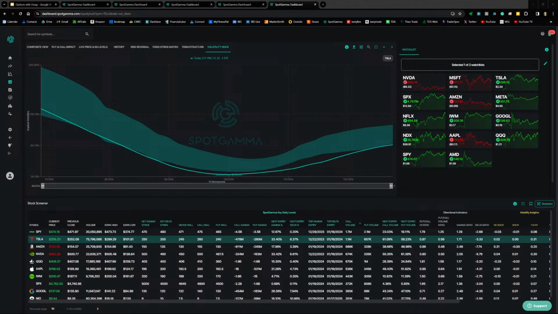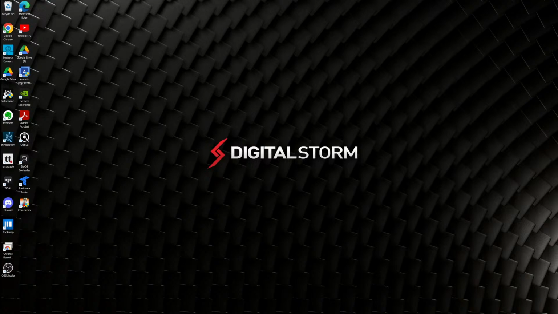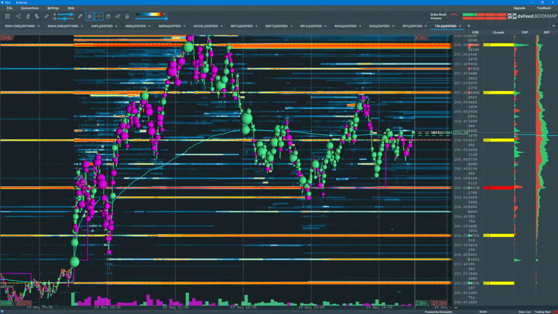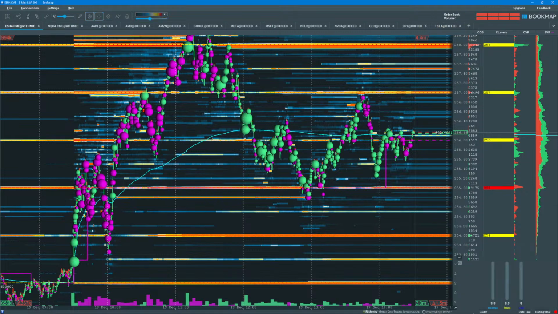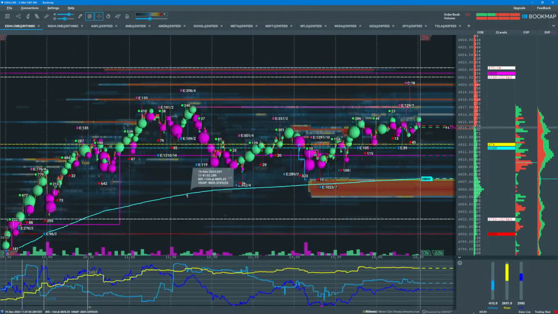All right, GH asks, is Bookmap the same as volume bars? All right, GH, I suggest, let's go back to Bookmap. Let's go back to ES Futures. Let's do one other thing.